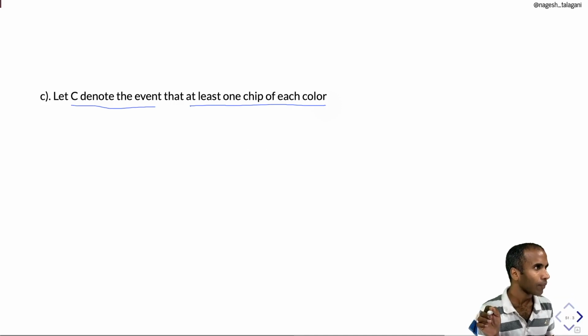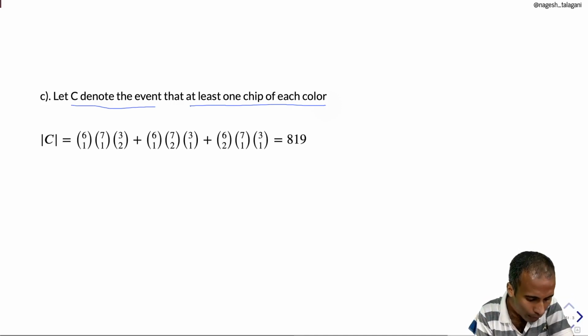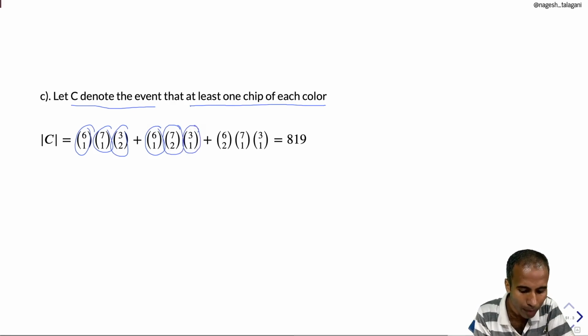So the number of elements in C is going to be: we may choose 1 red out of the 6 red, 1 white out of the 7 white, and 2 blue out of the 3 blue. Or it may happen 1 red out of the 6 red, 2 white out of the 7 white, and 1 blue out of the 3 blue. Or it may happen 2 red out of the 6 red, 1 white out of the 7 white, 1 blue out of the 3 blue.